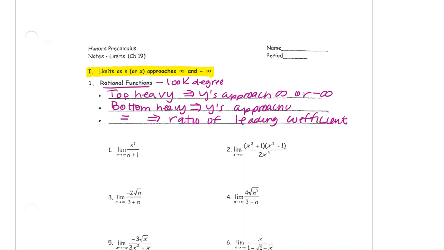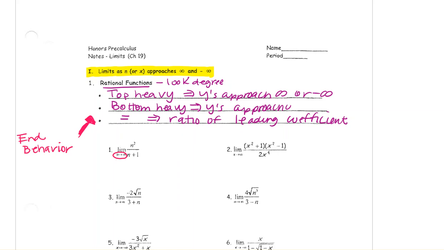But here's what I need you to get in the habit of. When you go to do a limit, your first thing is to always look at this: what is n approaching? Because what you do depends upon that. In the case of n approaching infinity, that means what we're looking at is the end behavior. Since horizontal asymptotes are predictors of end behavior, that's why you see the same idea of top heavy, bottom heavy, equal coming up again, but in a different context.